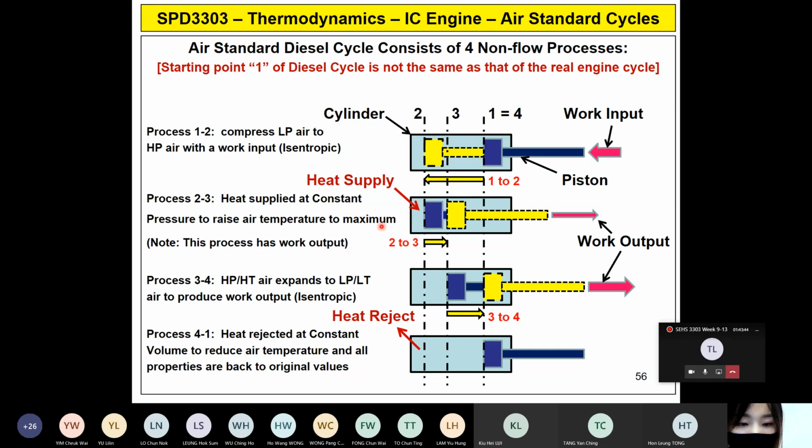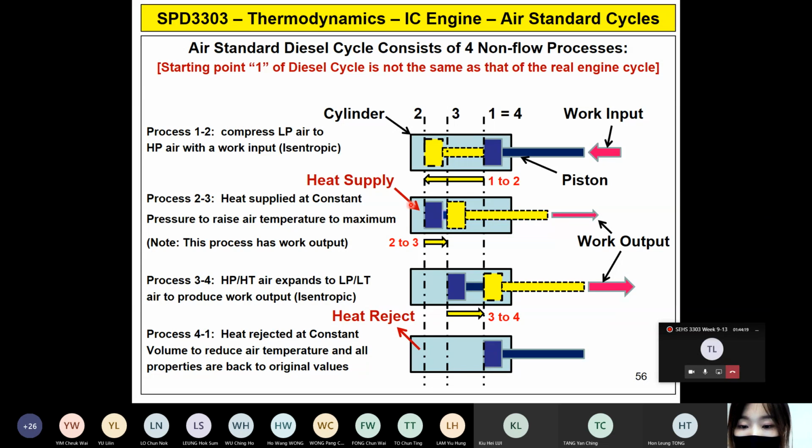the next process, 2 to 3, we assume there is no combustion occurring inside our cylinder. So we use a heat addition instead of the combustion. We use this heat supply to model the combustion. We add heat into our system. But you should pay attention here.